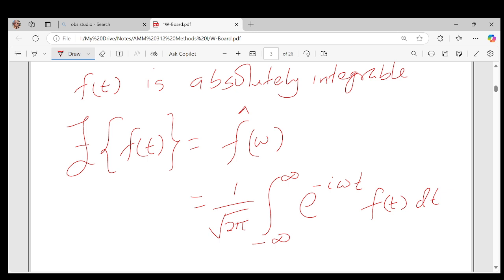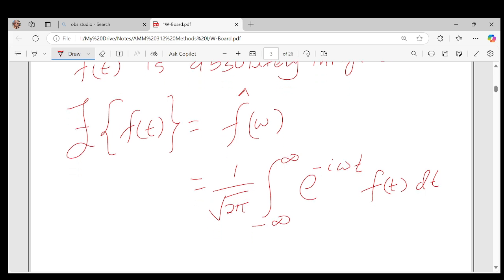So e raised to power negative i omega t is the kernel of the transformation. i is the imaginary unit, and omega is the frequency, usually a parameter in this integration. So this is the definition of the Fourier transform.